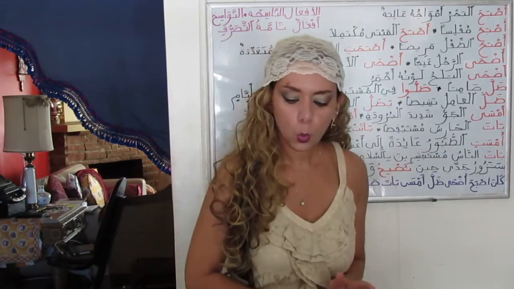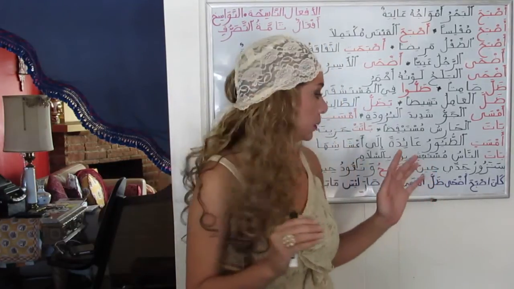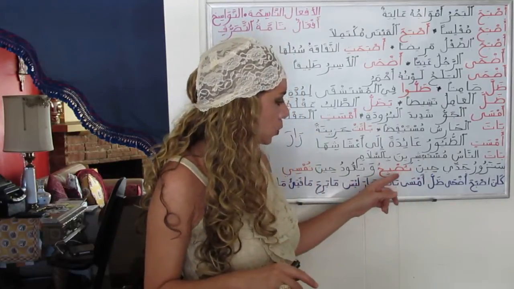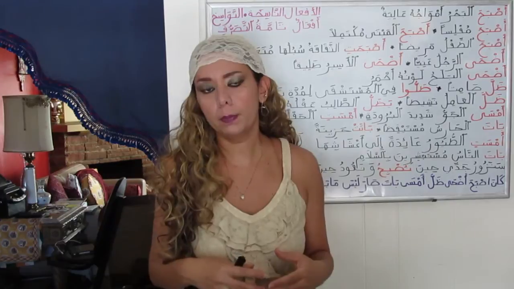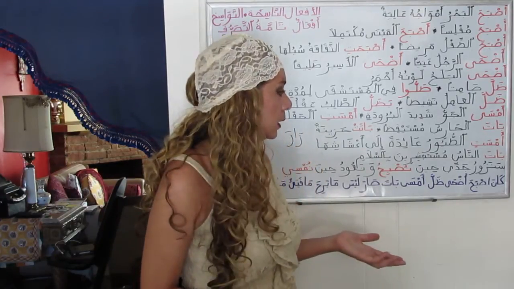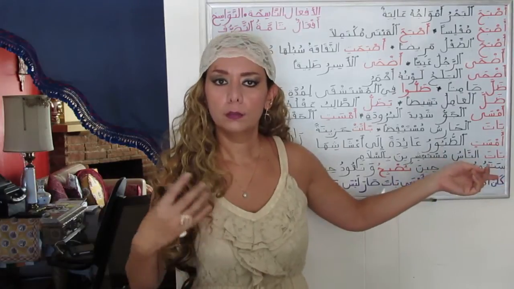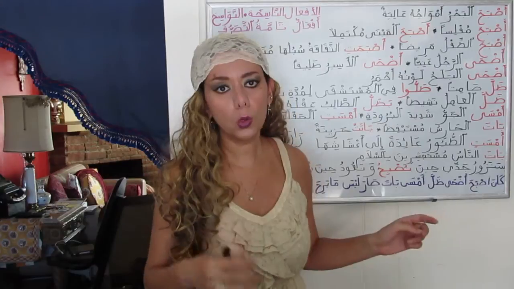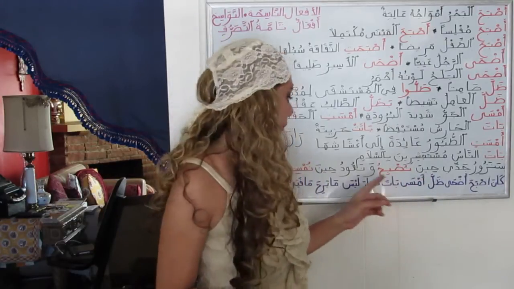Alright? When we wake up, because we wake up in the morning. So here you may render نصبح as wake up, or in the morning. You can say we will visit my grandfather in the morning or when we wake up.